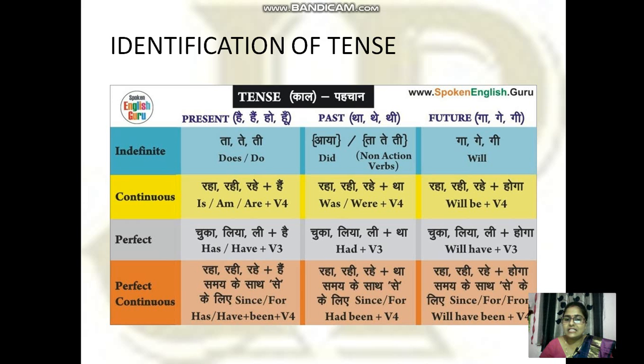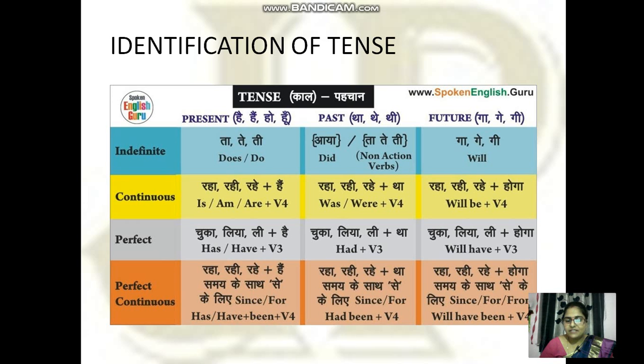Past perfect contains चुका था, चुके थे, चुकी थी. In English, it contains had plus third form of verb. Okay. Future perfect, चुकेगा, चुकेंगे, चुकेगी. In English, it contains will have plus third form of verb.